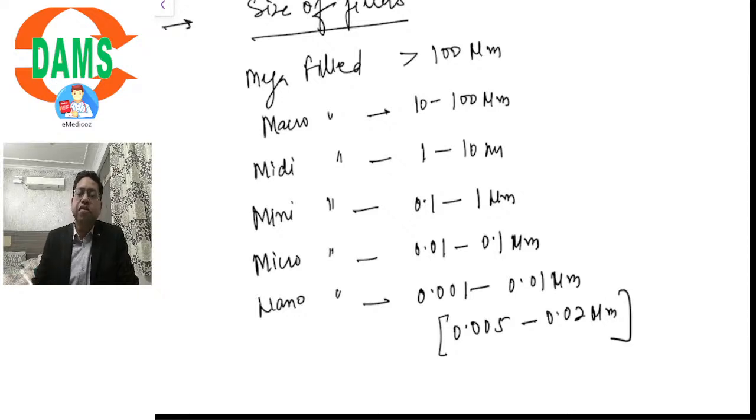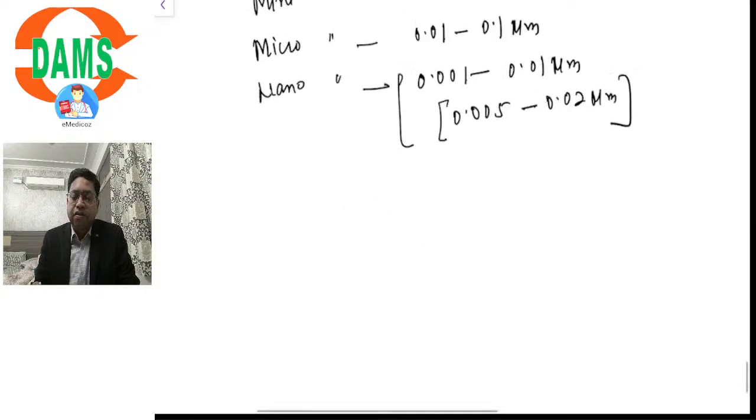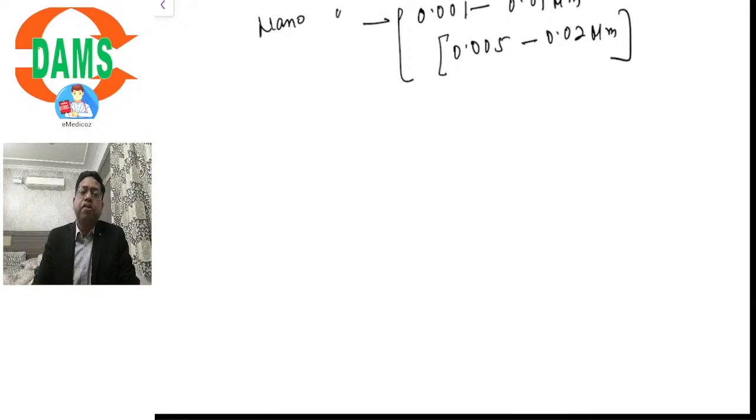Any of the figures would be representing nanofilled composites. So a more contemporary scheme for classification of composites is based upon the size of the filler particles and not the type. So these were your regular composites which are used.